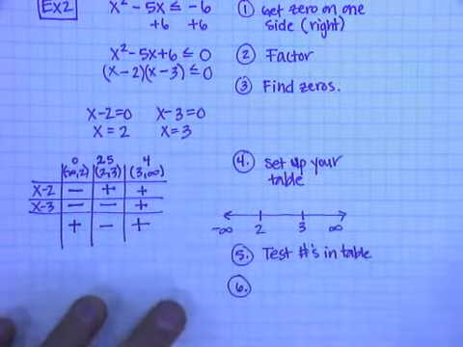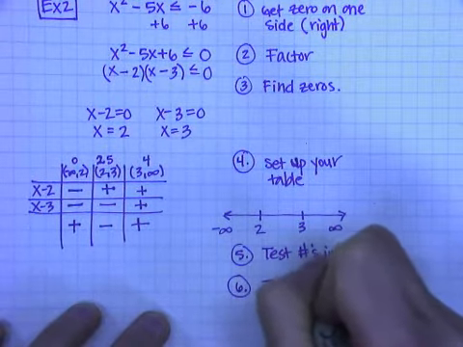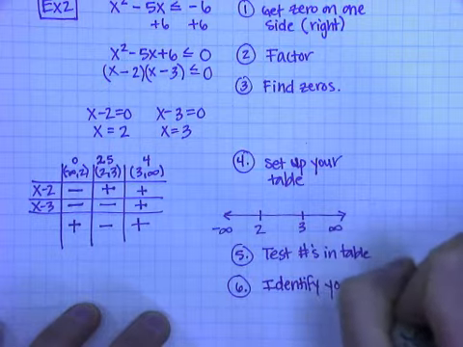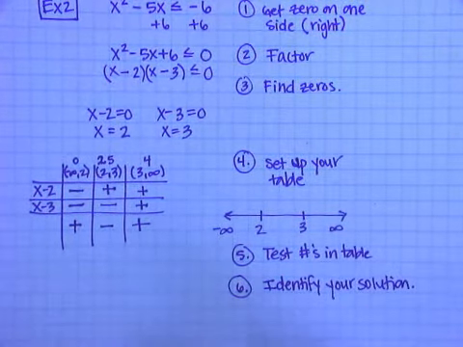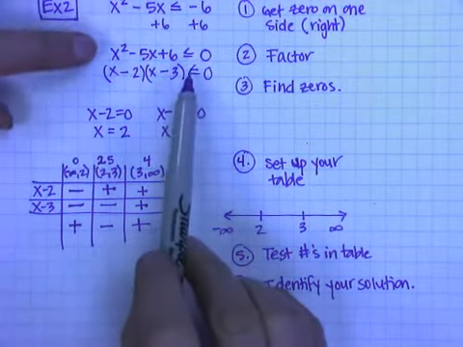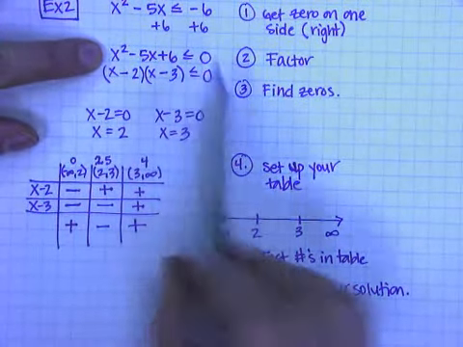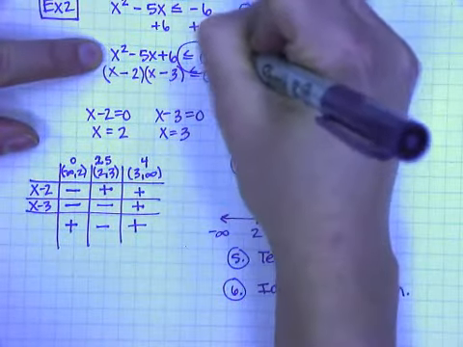Okay. Once you get your table filled out, you're in the home stretch, you just need to identify your solution. Let's see, I look at the original problem, and the original problem is asking me for less than or equal to 0. So less than or equal to 0 is another way to say negative.